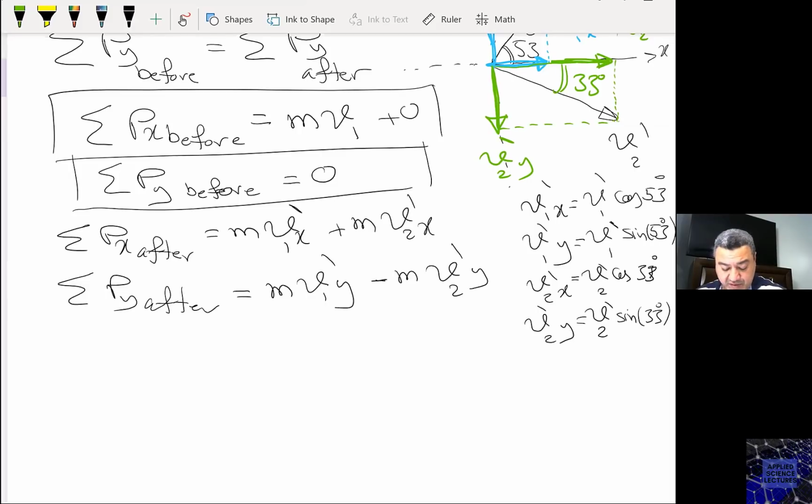Cosine 53 is 0.6, right? So what do I have here? I can write cosine 53 as 0.6 and sine 53 as 0.8.